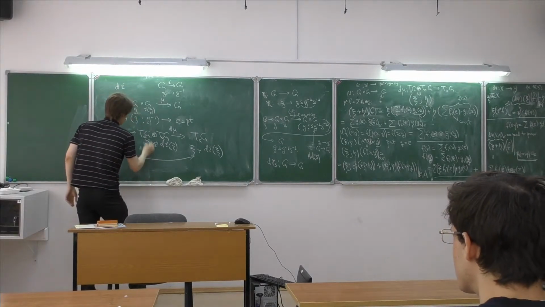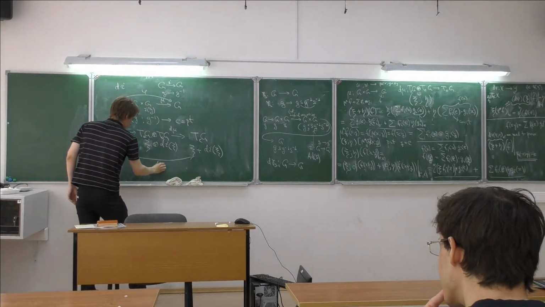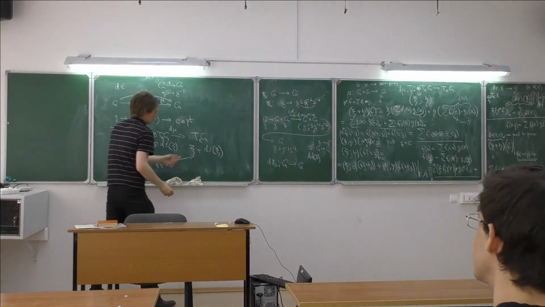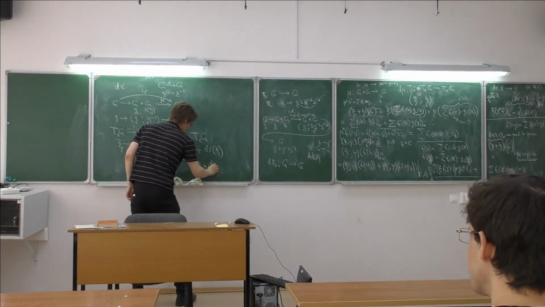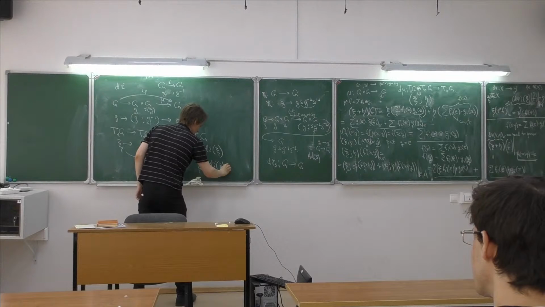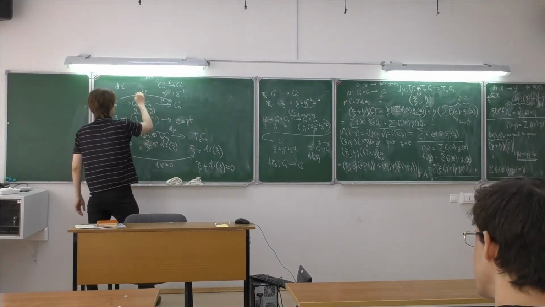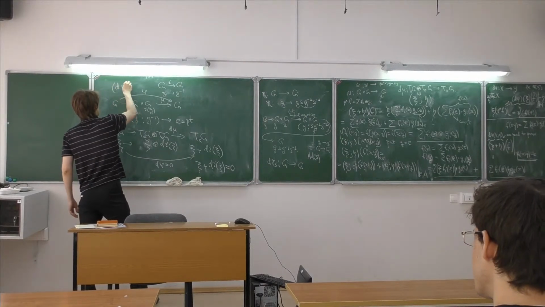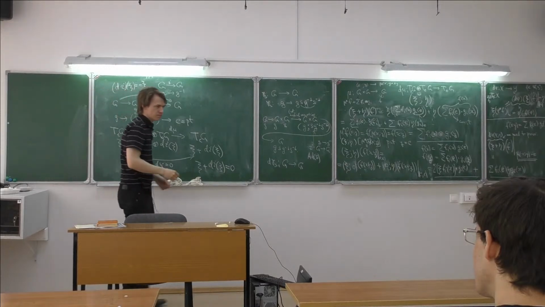If you call it phi, then d of phi is equal to 0. So this tells you that xi plus di of xi is equal to 0. So this is just the inverse of xi. Okay.